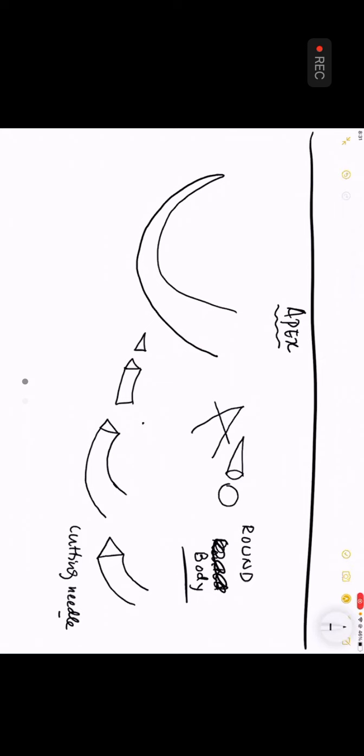In a cutting needle, I hope you will understand that the apex of the triangle is up. That means the apex of the triangle is towards the concavity. Whereas think of another needle in which this is the shape. So in which side is the triangle pointing?